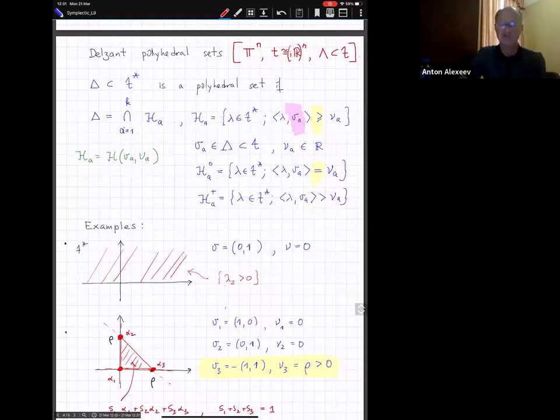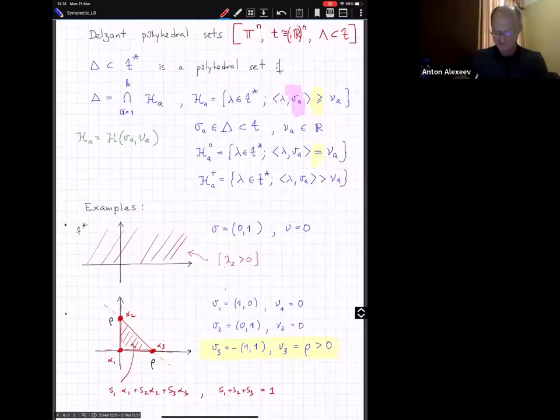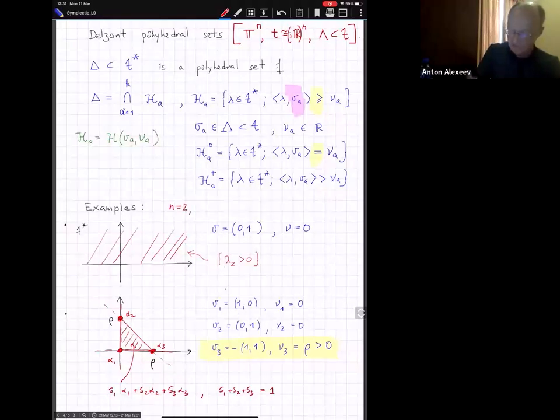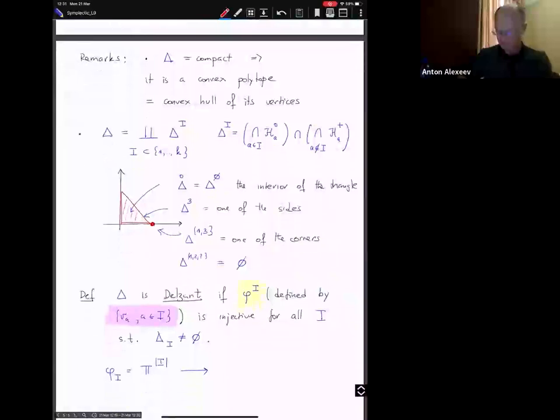Now everything is sitting inside Rn, and there are k hyperplanes, half spaces, which define those polyhedral sets. Sorry, people, I'm myself getting lost in it. So here n is equal to 2 and k is equal to 1, and in this example n is equal to 2 and k is equal to 3.